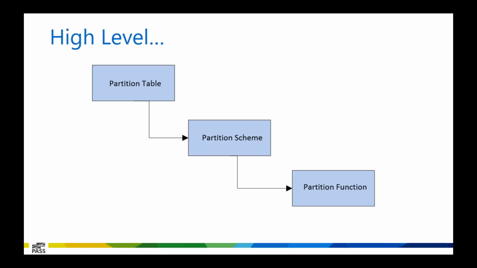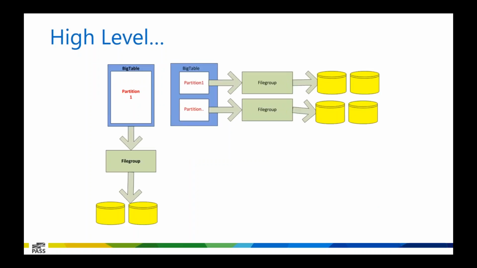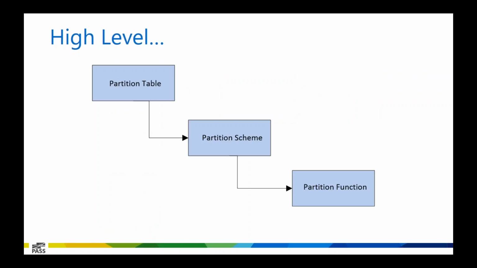The scheme is what's going to physically break up the file groups, like we see on the right there, where partition 1 has its own file group, and it has its data files. The partition scheme is what's going to bind each partition to the actual file groups, which will then connect to your data files.